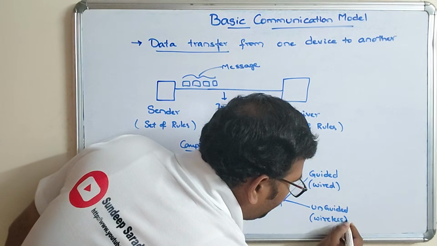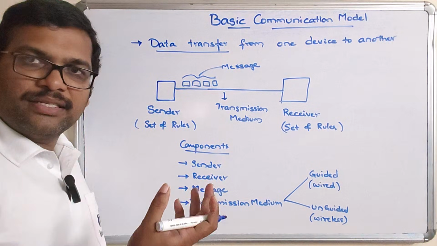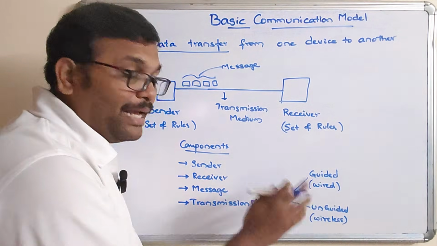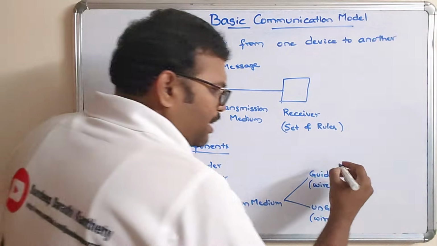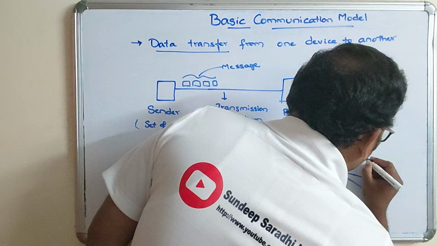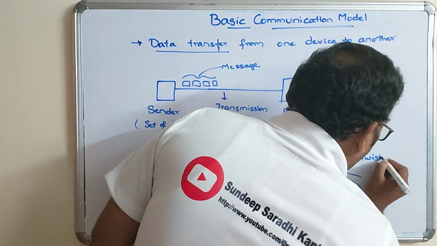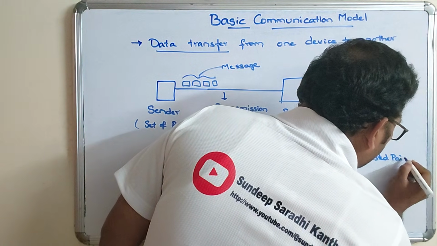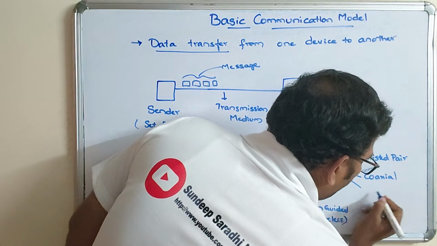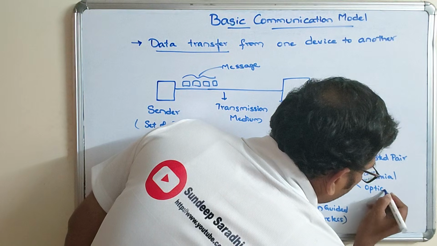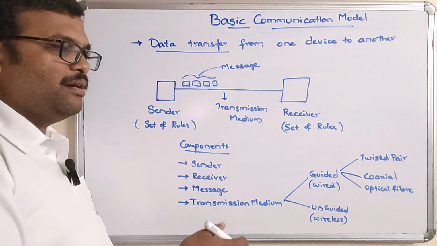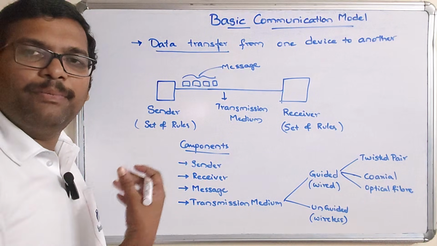So the data can be transferred from one device to another through a wired connection or wireless connection. There are different categories of wired connections, for example twisted pair cables, coaxial cables, or optical fiber.